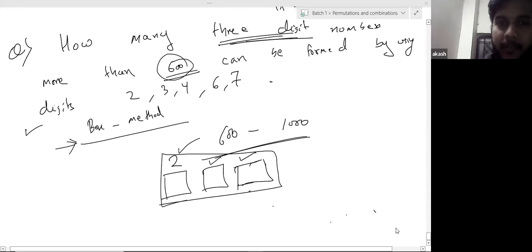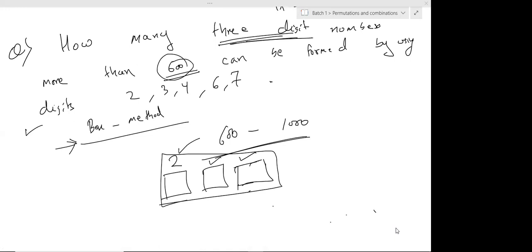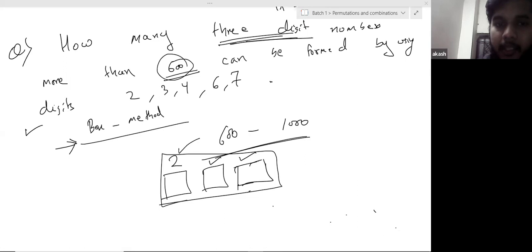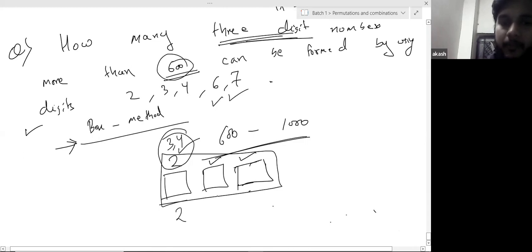Am I audible, guys? Yes, sir. So I cannot fill this with 2, 3, or 4, because then the number would be less than 600. So what can I fill it with? Only 6 and 7. So two options to fill this box.